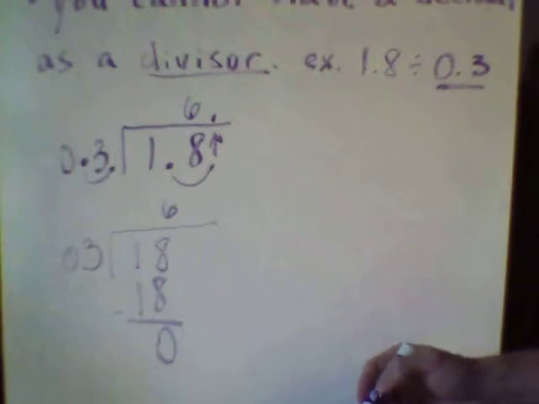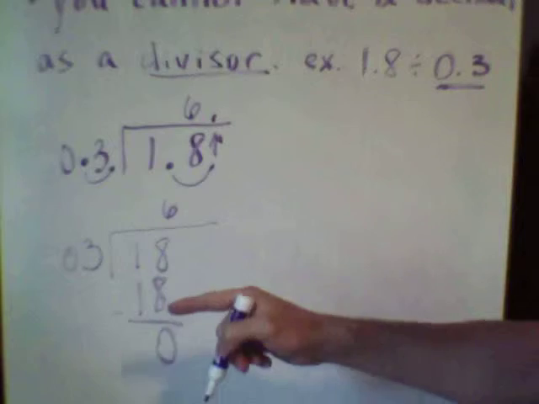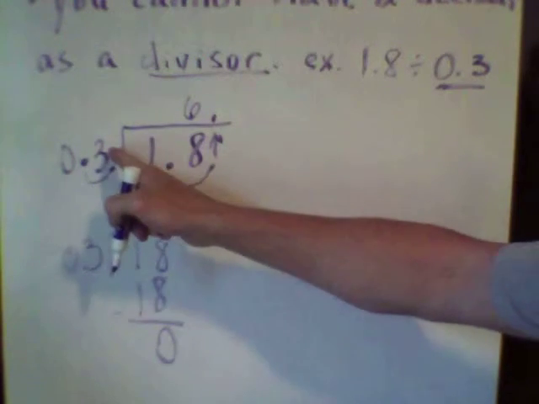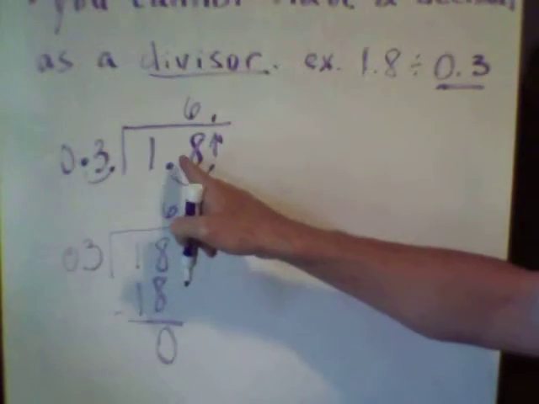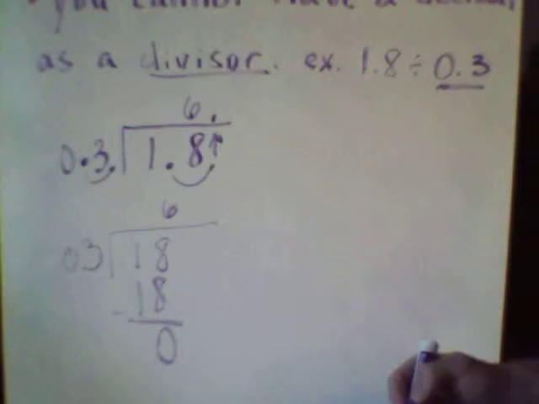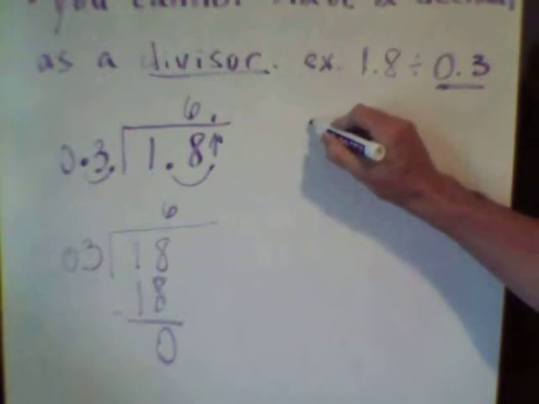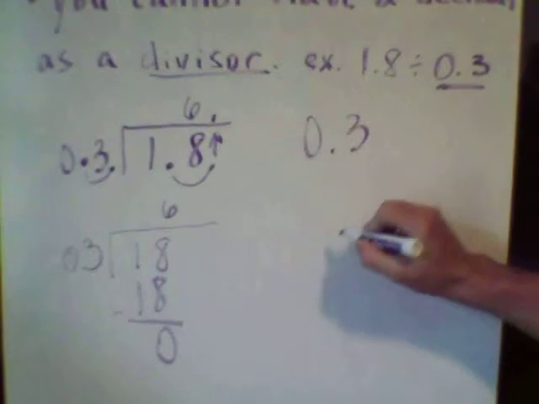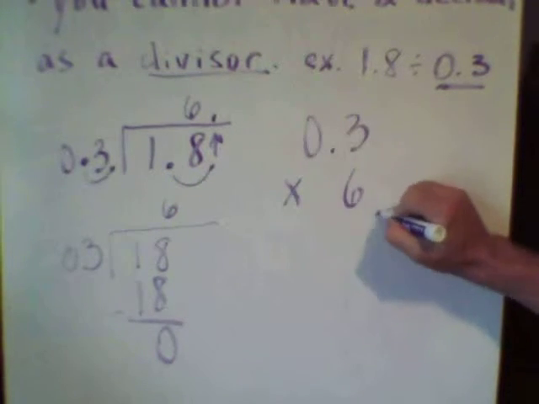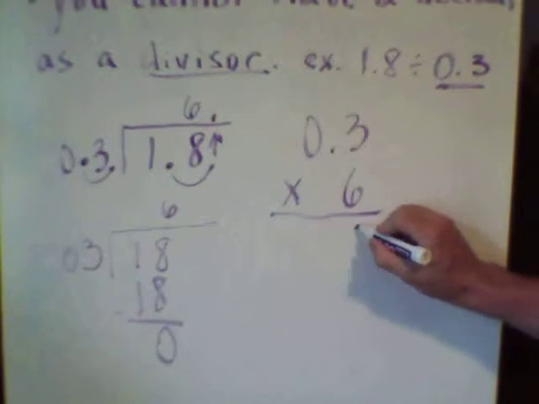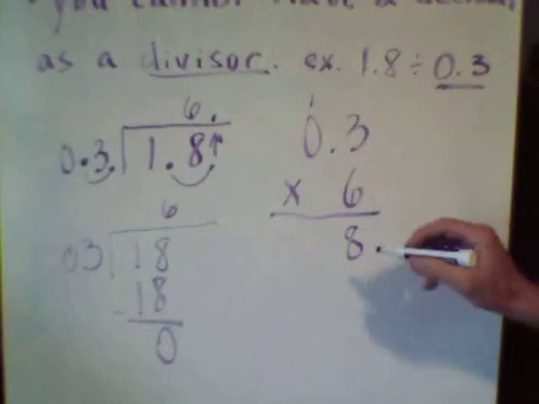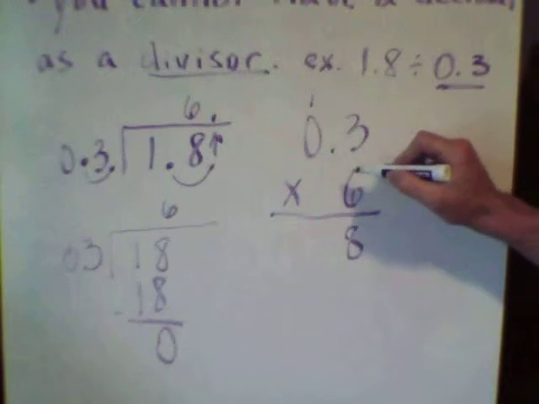Now, if you want to check, you know that 6 times 3 is 18. But are you positive that 3/10 times 6 equals 1 8/10? Well, let's try out and see. I have 0 and 3/10 times 6. 6 times 3 is 18. Carry the 1. 6 times 0 is 0.